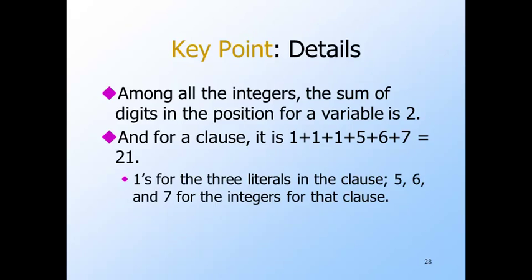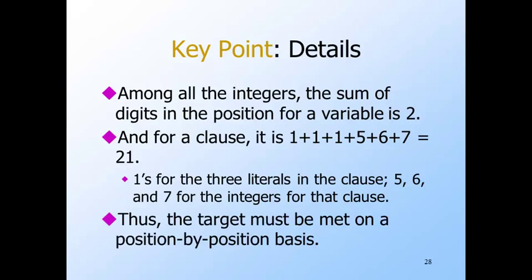But what other integers could contribute to a low order position? Only the 3 integers for literals that appear in the clause that corresponds to that position. But these 3 integers only have 1 in that position, so the maximum sum in any position is 21. So there are no carries. But we could have made the base 22 instead of 32, but 32 is easier to convert to binary, so we went with 32.